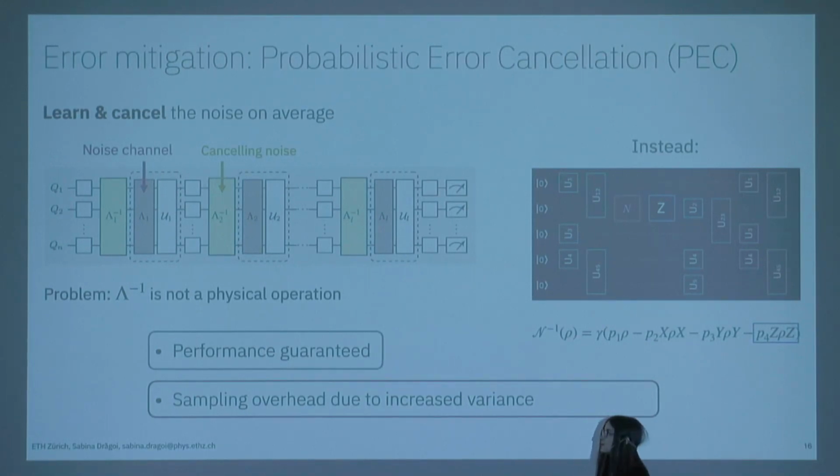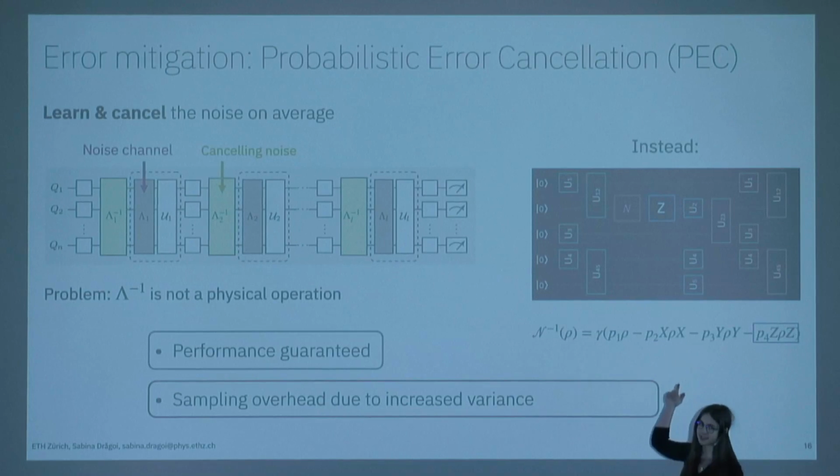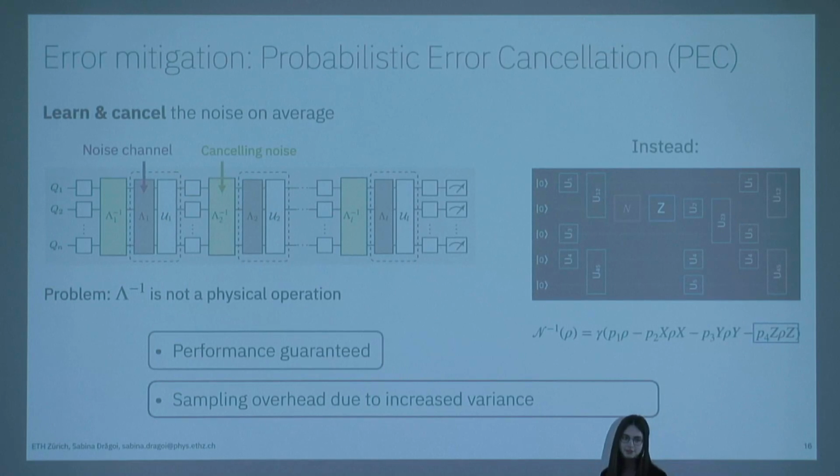I mean, you cannot really predict how it happens, which is why you're going for this random application of noise. Because, I'm sorry, I might have missed this part, but if you apply an X gate twice, then that's going to be just the identity. So if you have a random X gate appearing, you're going to apply an X gate with a certain probability, and that one is going to cancel out.